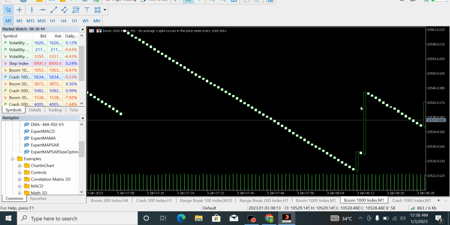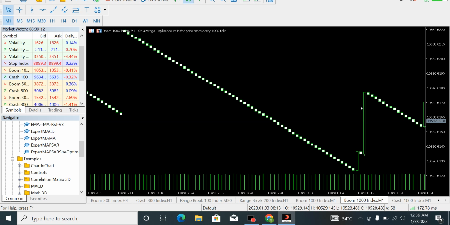For 300 indices, we will be experiencing more spikes, because for every 300 ticks there should be a spike. So we will be experiencing more spikes on 300 indices than on 500 and 1000. So 300 is the most volatile of all, 500 is next to it, then 1000 is less volatile compared to the 3.